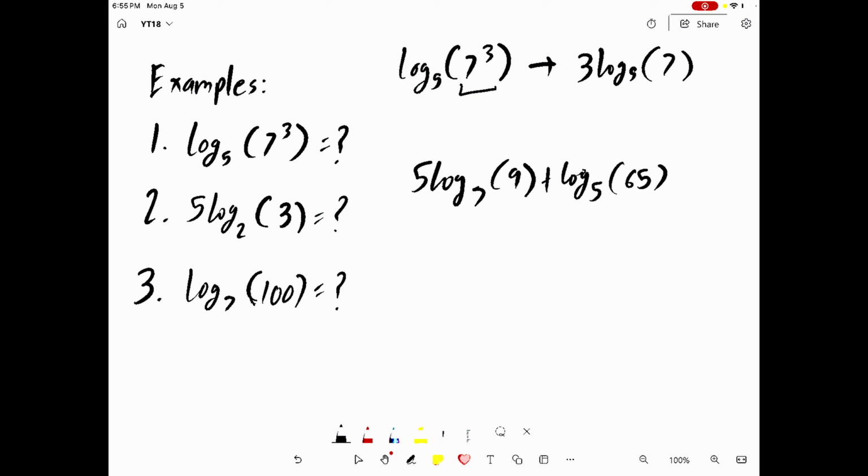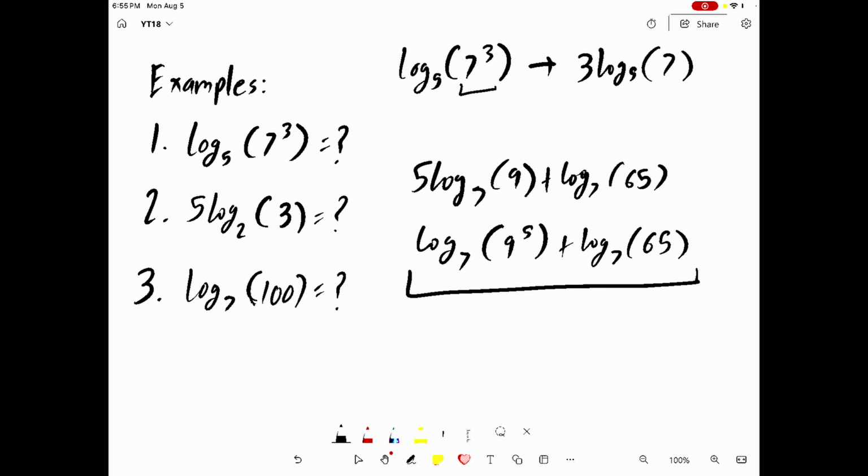Sorry, not 5. What we want to do is combine this to simplify it. By the way, this is not any of the problems, this is just an example. So a useful thing to do would be to convert this into this form.